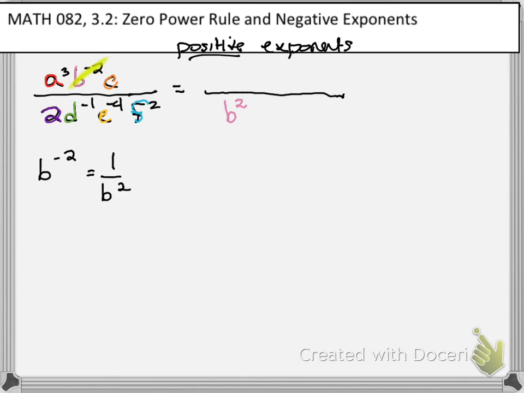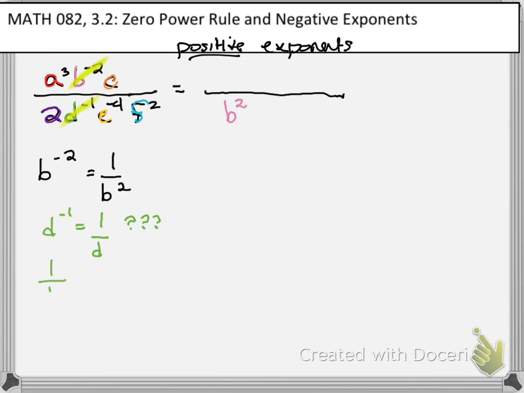Then we have d to the negative first power. My rule of negative exponents says that d to the negative first power is equal to 1 over d. But wait a minute, this d isn't in the denominator to begin with.